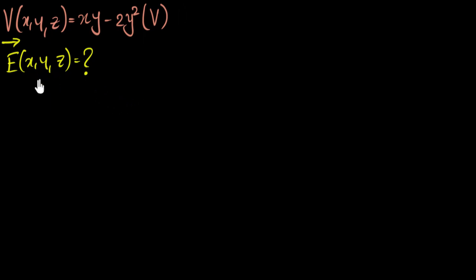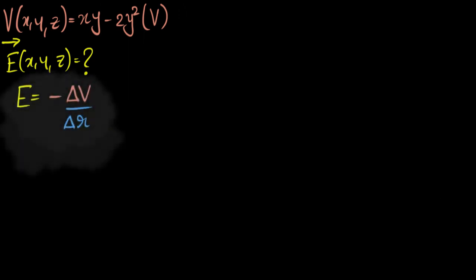Okay, so to do this, we need to find some connection between the electric field vector and the potential function. And we've explored something like this in our previous videos. We've seen that electric field is the negative potential gradient.